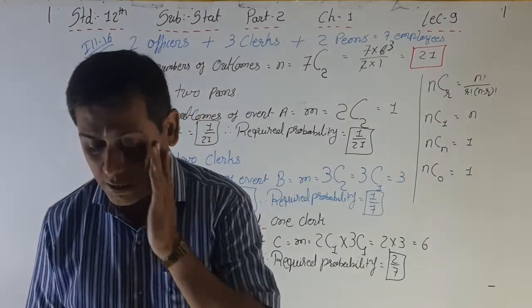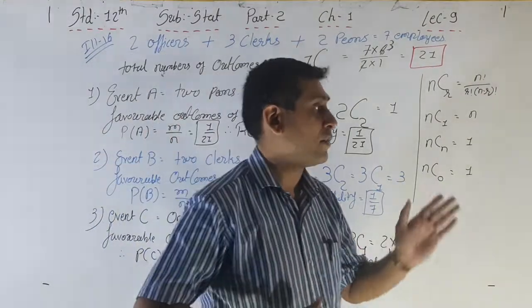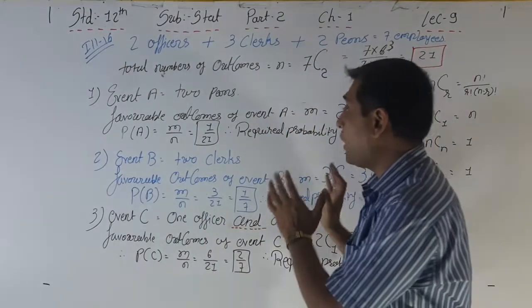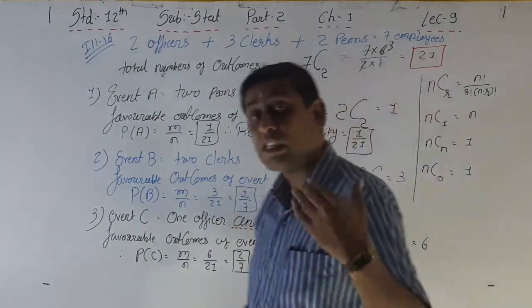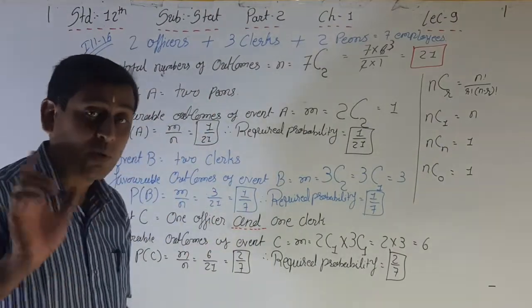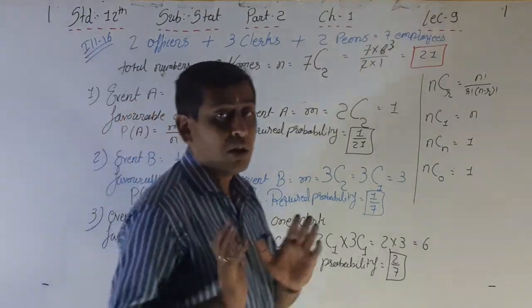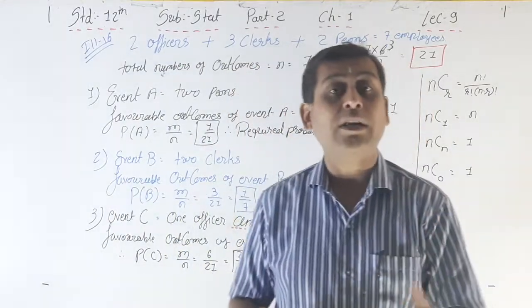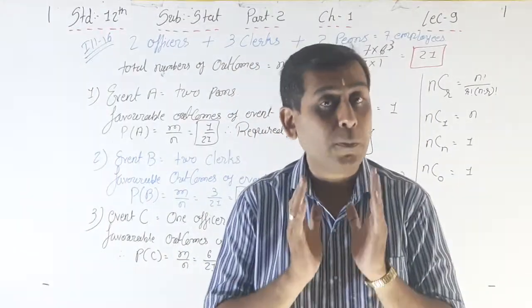Okay, so please read it. Whatever I am explaining, please see again and again and write down in your example book, and you have to write all these examples 2 to 3 times in your rough book for your practice.